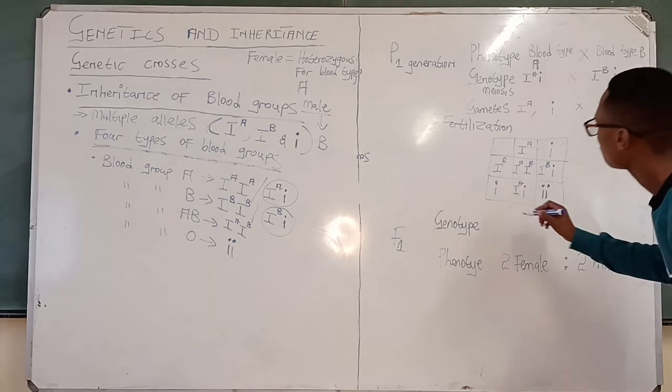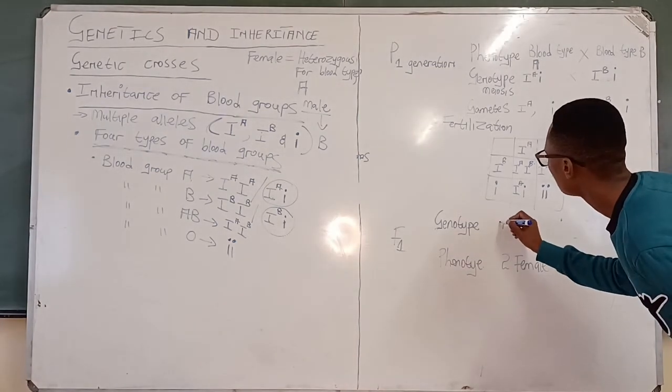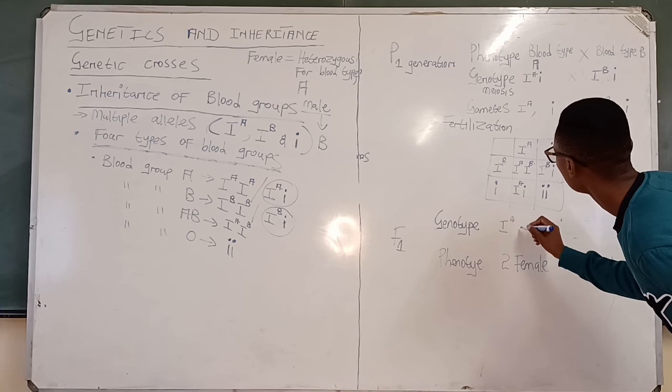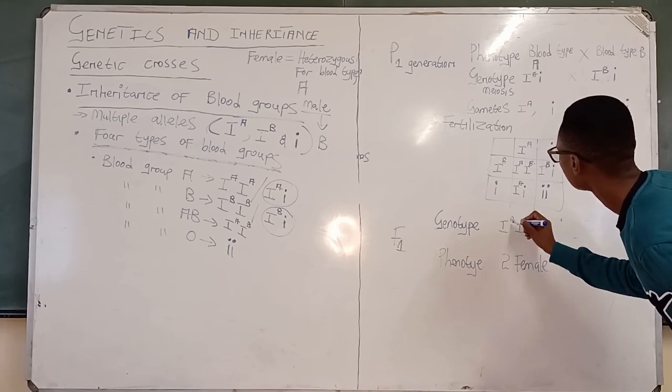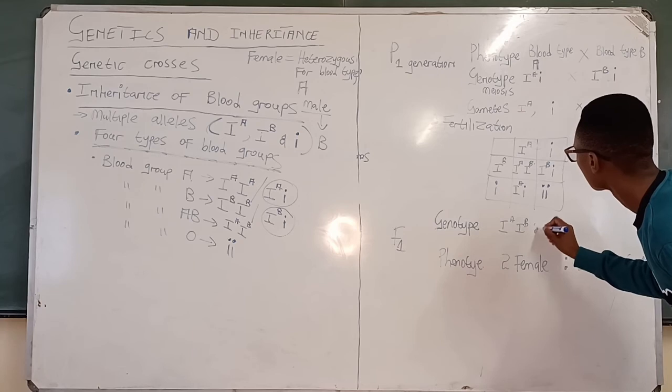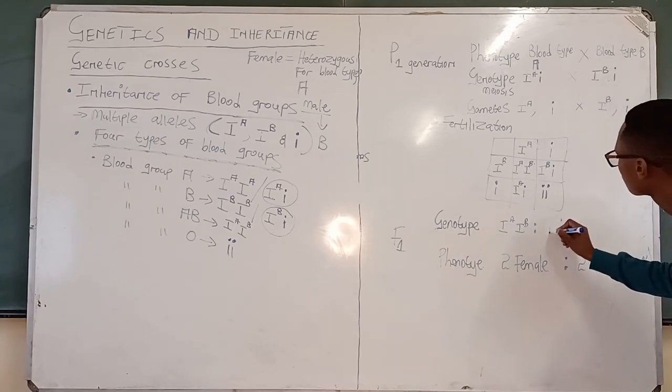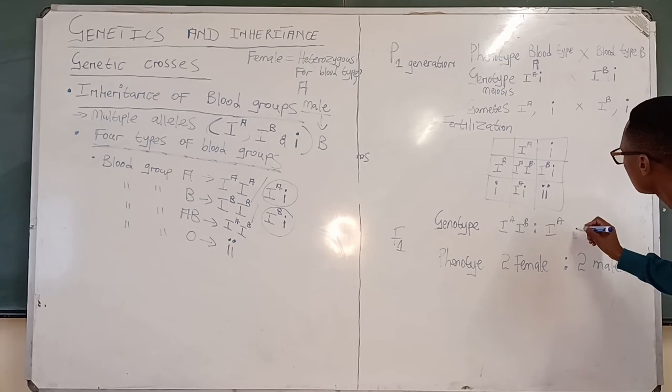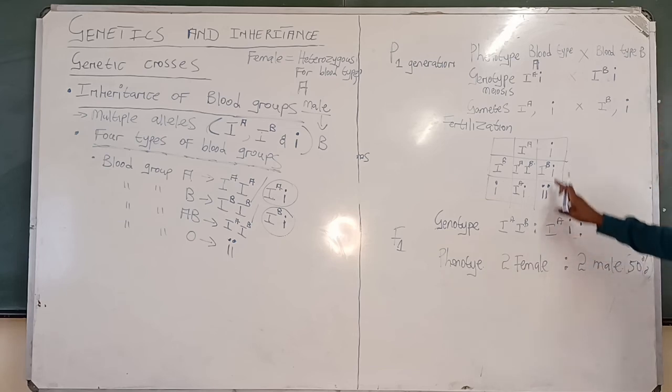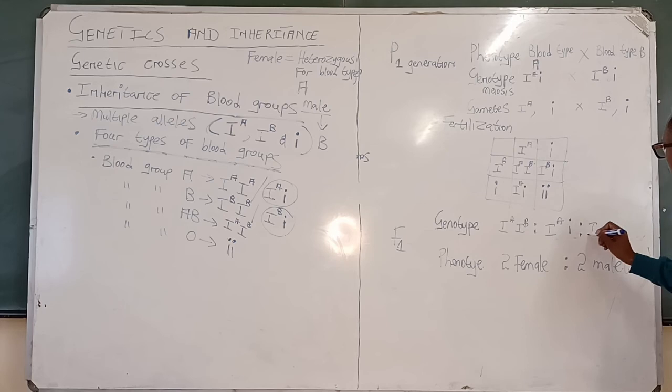So it means that the genotype is going to be: one offspring can become AB, one offspring can become A with a small letter, another offspring can become this one, A, B, small letter, and then one offspring can become like this.